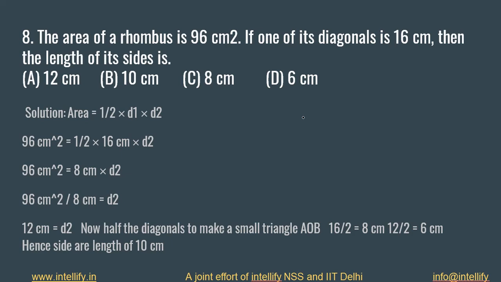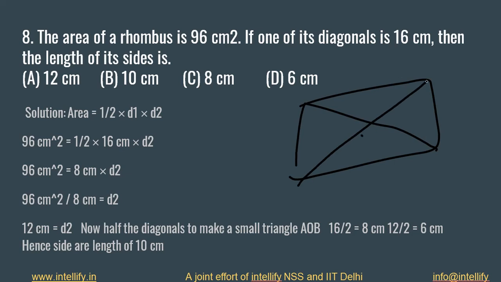But we have one property that the diagonals of a rhombus bisect each other and they make a 90-degree angle at the point of intersection.